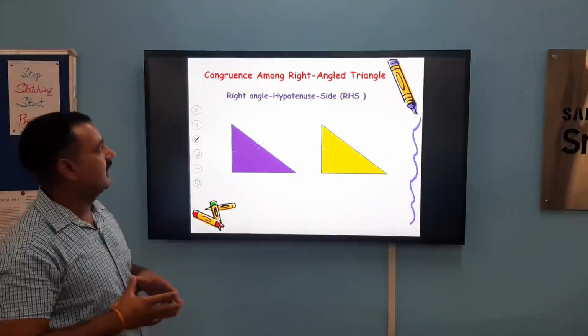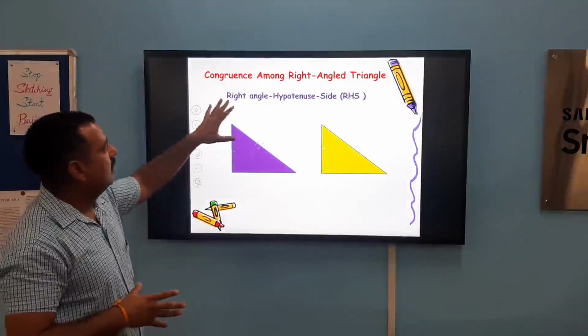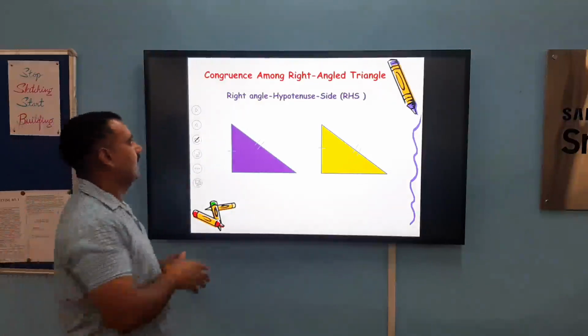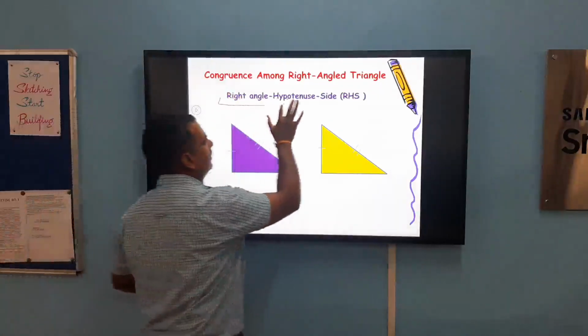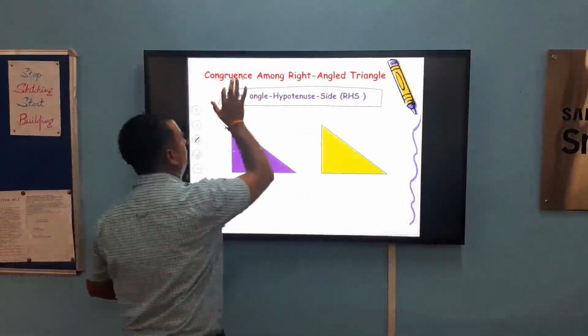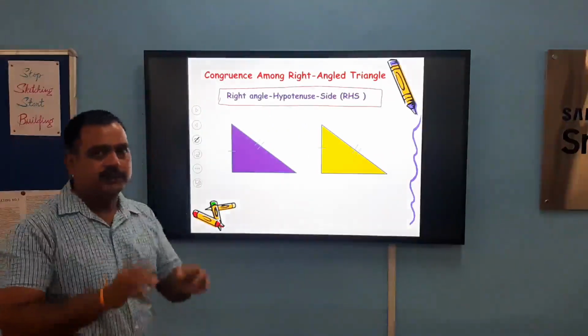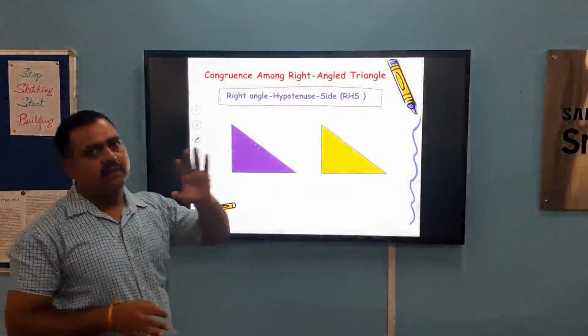Now, congruency among right angle triangles. We use the congruency criterion RHS, right angle, hypotenuse, side, specially in the case of right angle triangles.